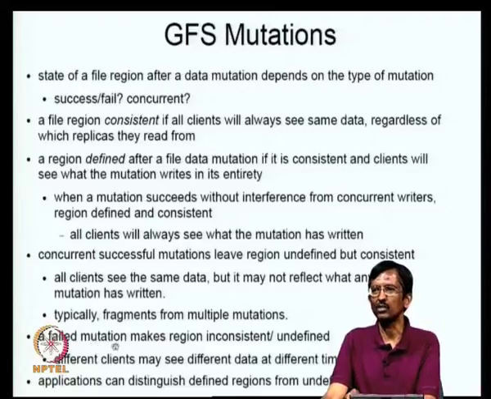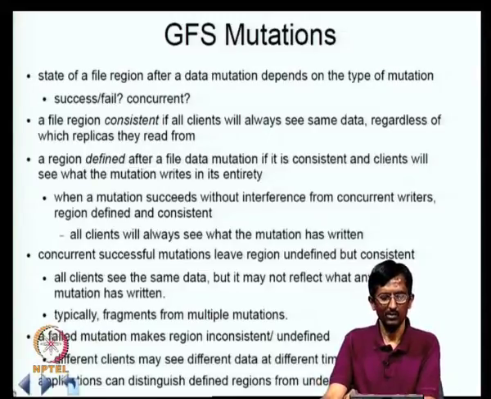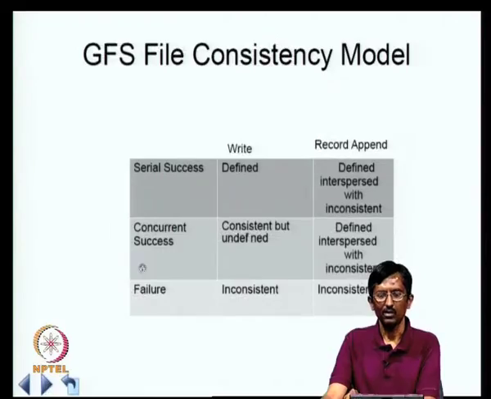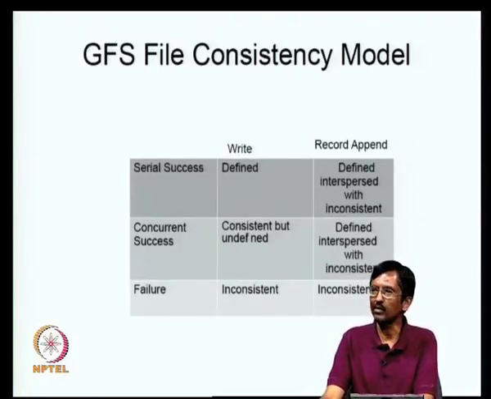Whereas if there is a failed mutation, some clients might see some information not updated because one of the chunks was down and it was not updated. When it came up, one of the clients can actually in principle see it. So this is the model they have given in the paper.